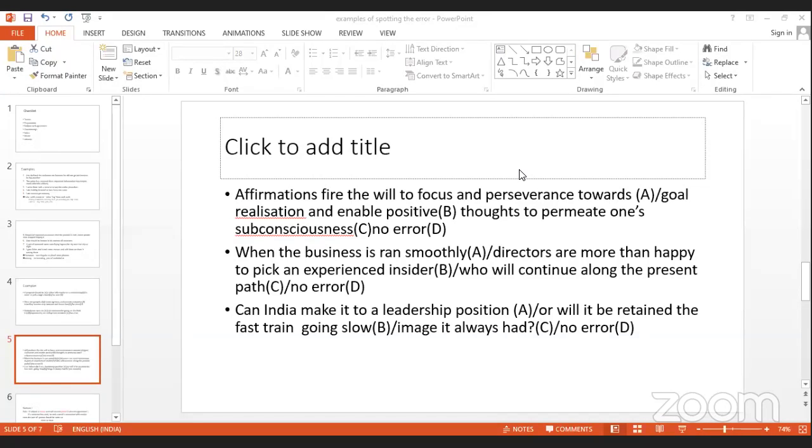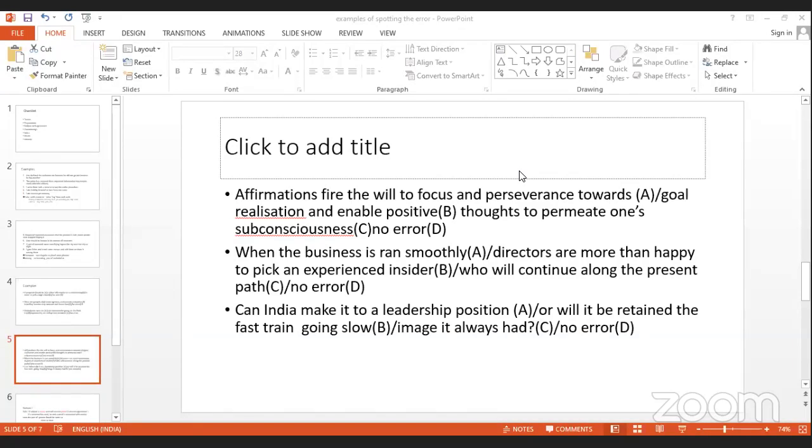Now tell me, where is the error? Your friend Ansh has said it is A. Okay, Sanket, A. Where? Ansh, persevere. Very good. Perseverance is the noun form. We need a verb form. Very good, Rudresh.